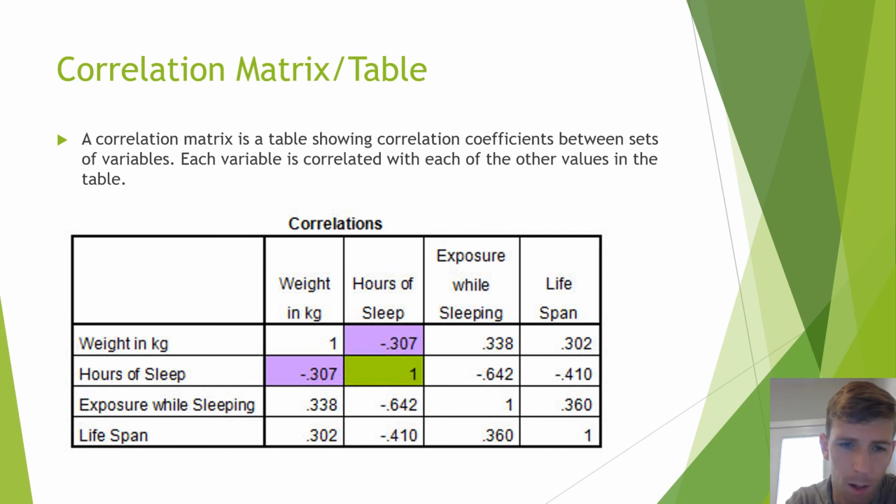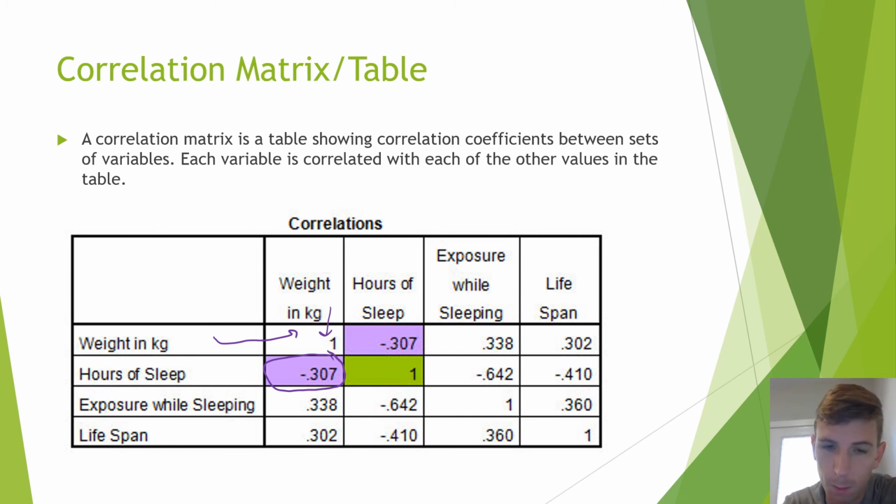And so each cell, obviously the correlation with itself is going to be 1 because it's the same variable. But every single other corresponding correlation is here. Like the correlation between hours of sleep and weight in kilograms is this negative 0.307.